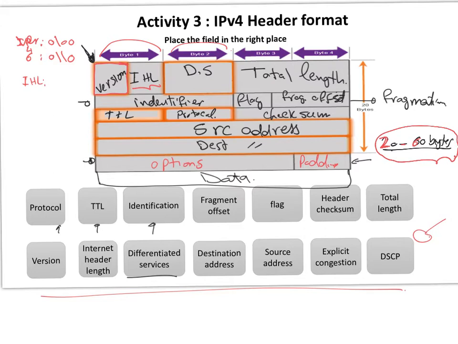Okay, so now what can the protocol developers do, or should do, or did already, to represent the length from 20 all the way to 60 bytes using only 4 bits? Okay, how can we do this?